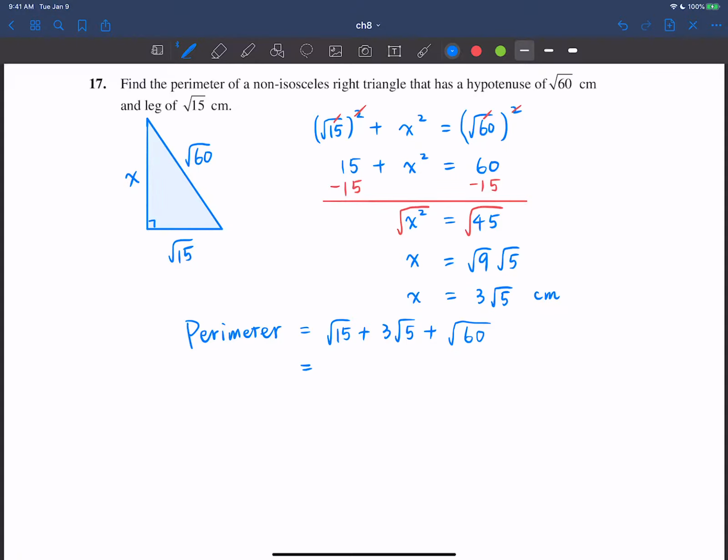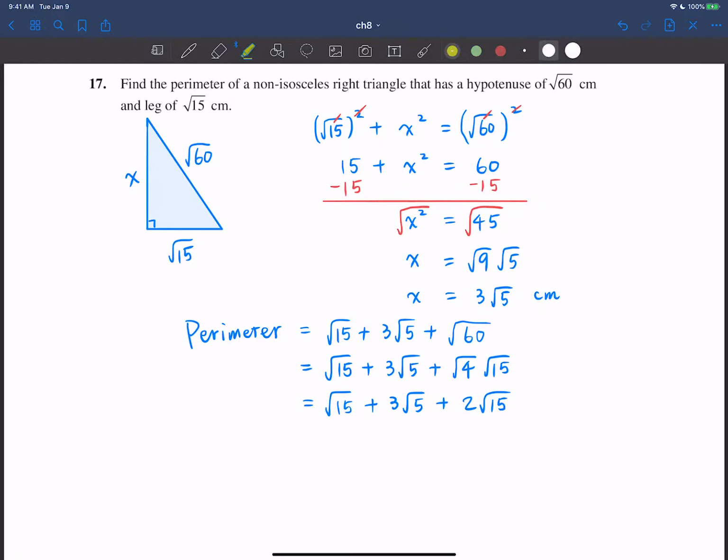Radical 15 cannot be simplified because we don't have a perfect square that's a factor of 15. 3 radical 5, it's also simplified. Radical 60, we can simplify that. So I could break it into radical 4 times radical 15. So we have radical 15 plus 3 radical 5 plus 2 radical 15.